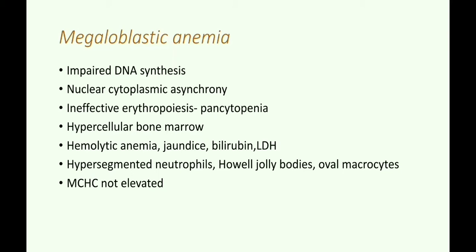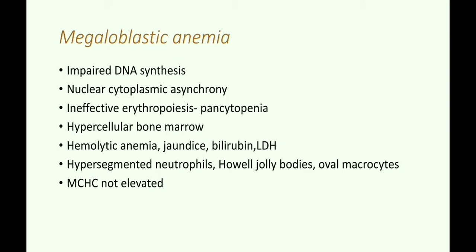Both folic acid and vitamin B12 are required for the synthesis of DNA. When these are deficient, nuclear maturation does not take place properly. The nuclear maturation lags behind the cytoplasmic maturation, and what we get is abnormally large nucleated erythroid precursors, which we call megaloblasts.